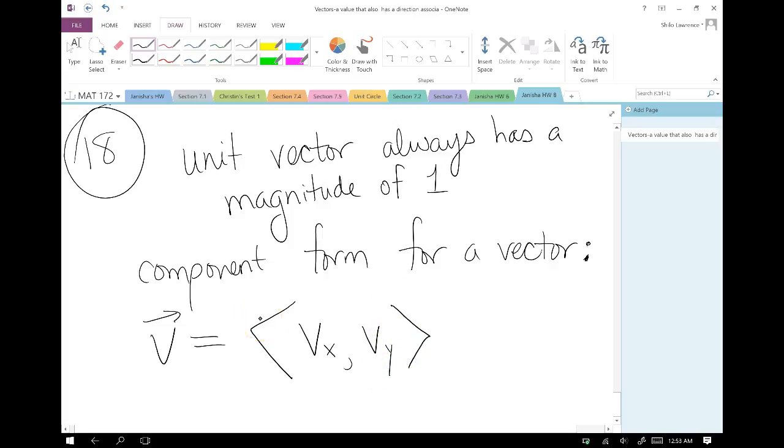If you put it in the rounded parentheses, that means it's a point on the graph. If you put it in the pointy braces, that means it's a vector. A vector, like I said earlier, is a directed line segment. It goes from the origin out to that point. So this would be the point v sub x, v sub y.